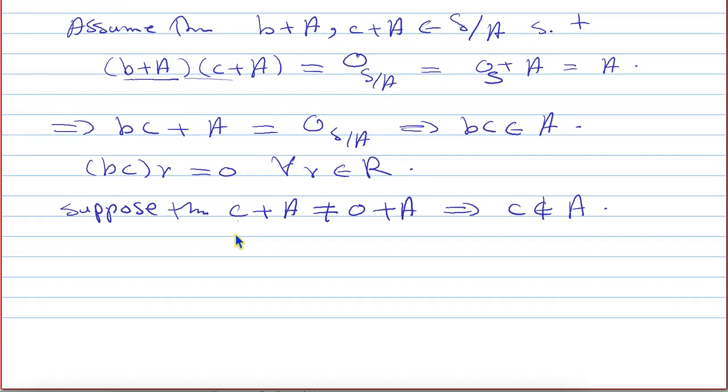Now, since C is not in A, it means there's at least one element in the ring R that is not annihilated by C. So this implies that there exists some element, let's say little r, in R, such that Cr is not 0.